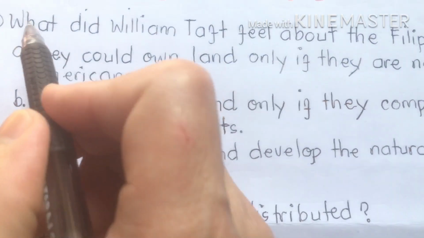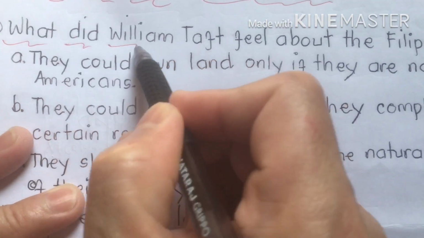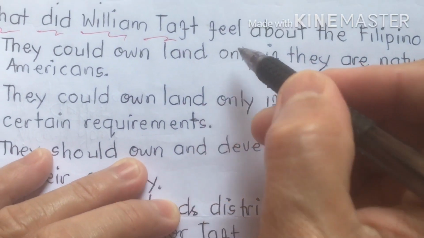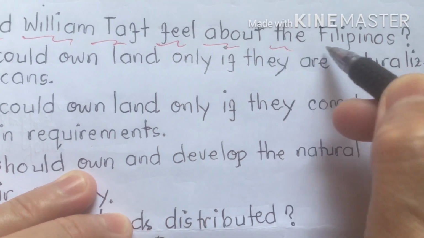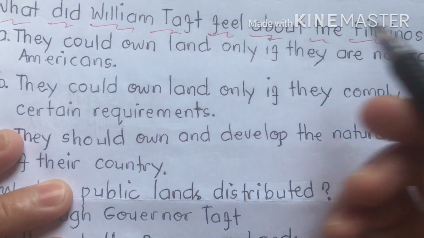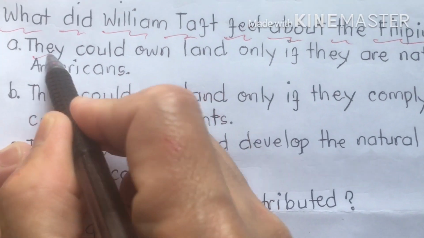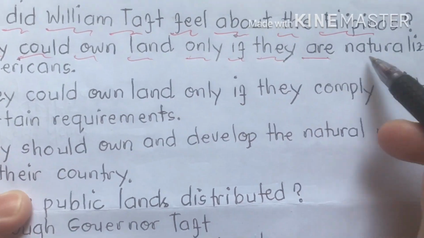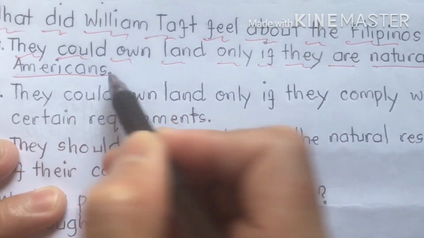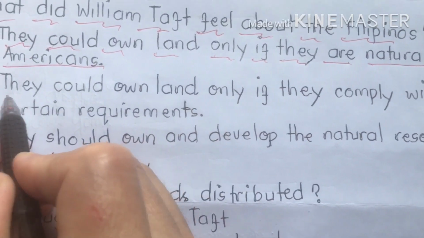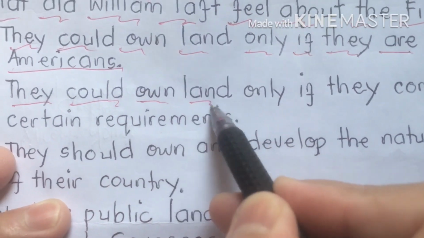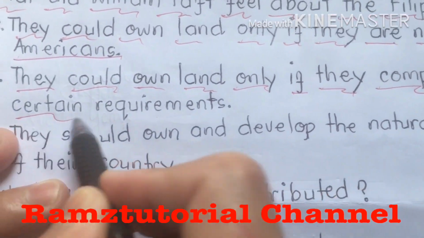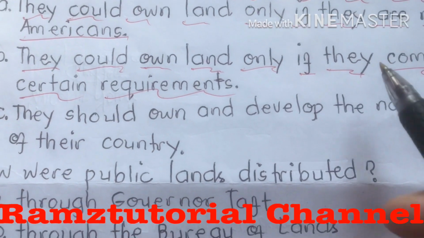Number 1, what did William Taft feel about the Filipinos? Our choices: A, they could own land only if they are naturalized Americans. B, they could own land only if they comply with a certain requirement, just like what I said earlier.